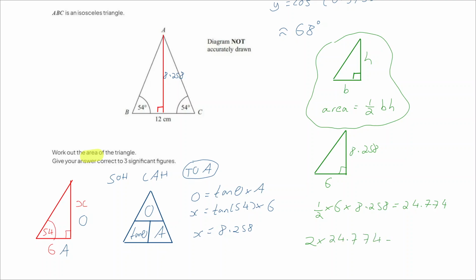If we do this, we get 49.5 if we round it, because your answer is to 3 significant figures. So this will be my answer, and it's going to be, sorry, in centimeters squared.